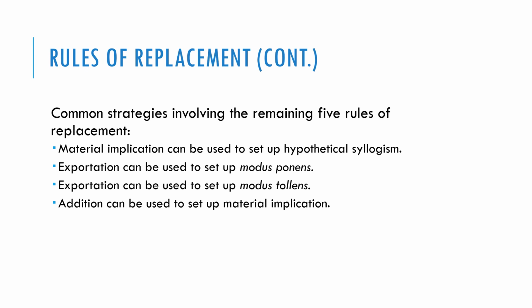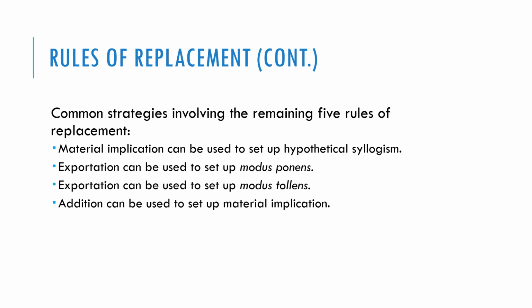Now, with these rules, we can look to the idea that material implication can be used to set up a hypothetical syllogism. We can see that exportation can be used to set up modus ponens and modus tollens, and addition can be used to set up material implication.